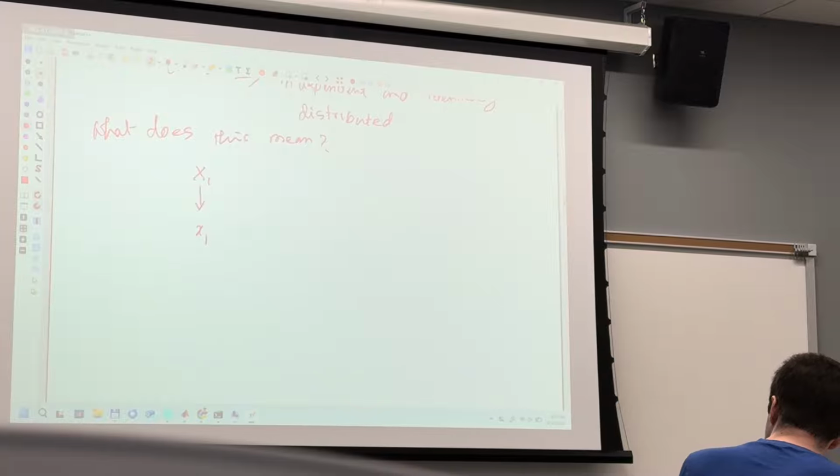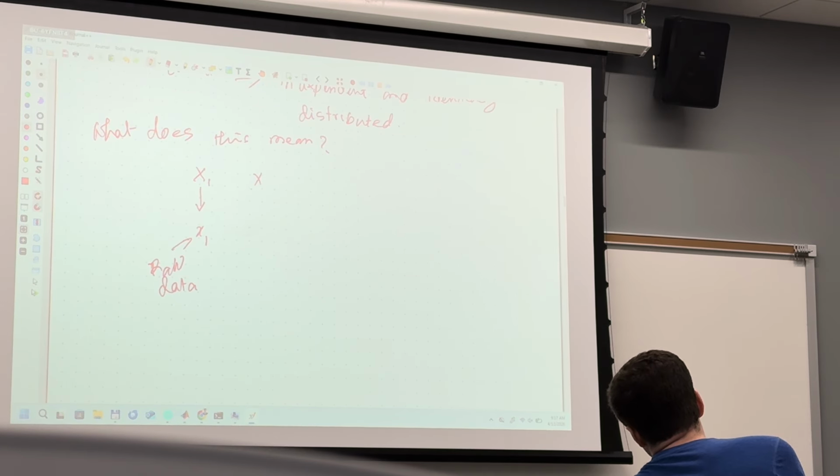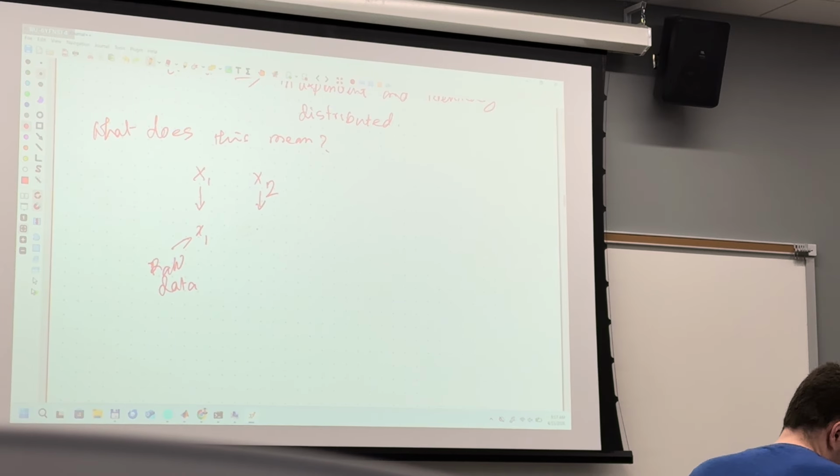Even though it's a random variable, you do not know its distribution at all, but you do know this raw data. So this is basically raw data. And then you have x2, and you get some raw data, and this raw data could be any data.